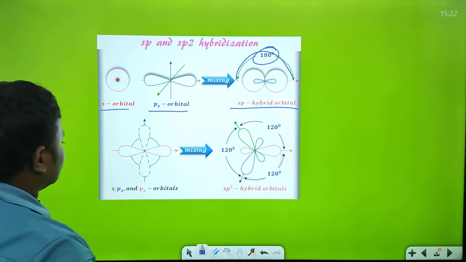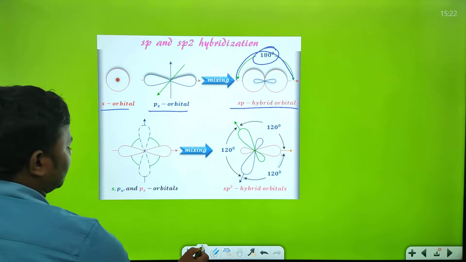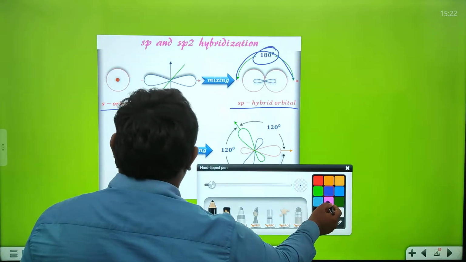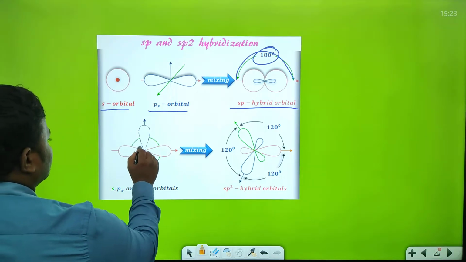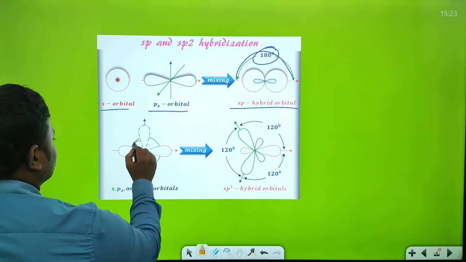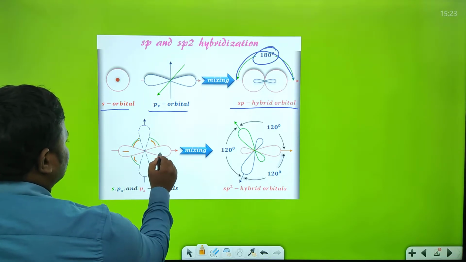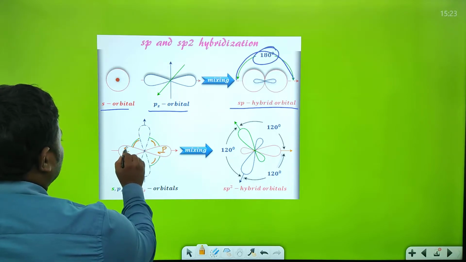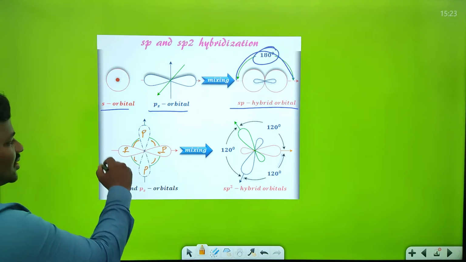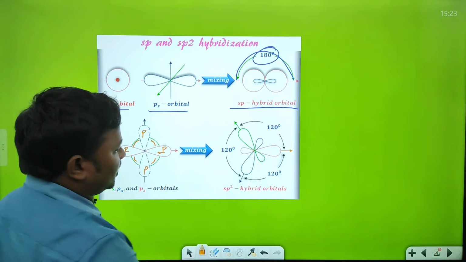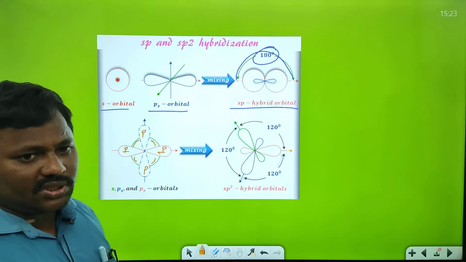And here see that, one s and two p orbitals. This is the s orbital, which is a spherical structure, and one p orbital, and another p orbital. These are all mixed together to form the new hybrid orbitals, that is the sp2 hybridization.